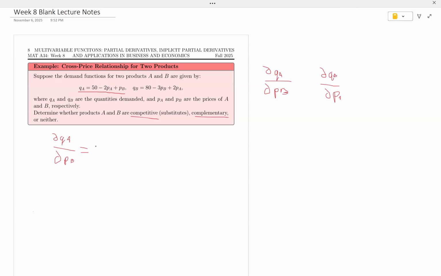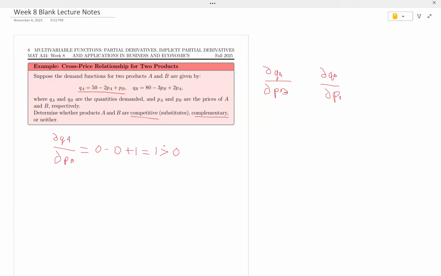The derivative of 50, which is the derivative of a constant, is 0, minus the derivative of 2 times PA, is 0 as well, plus PB, which is plus 1. This equals 1, which is greater than 0.